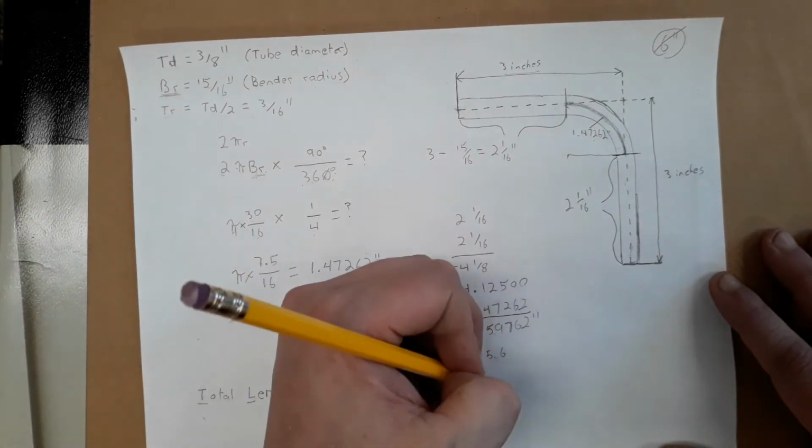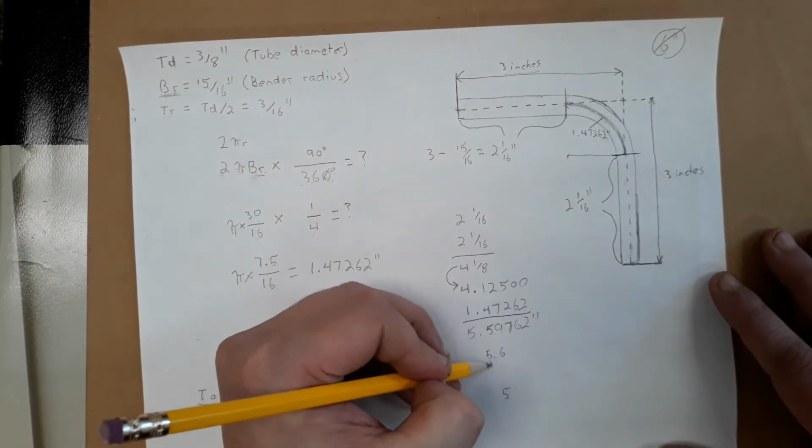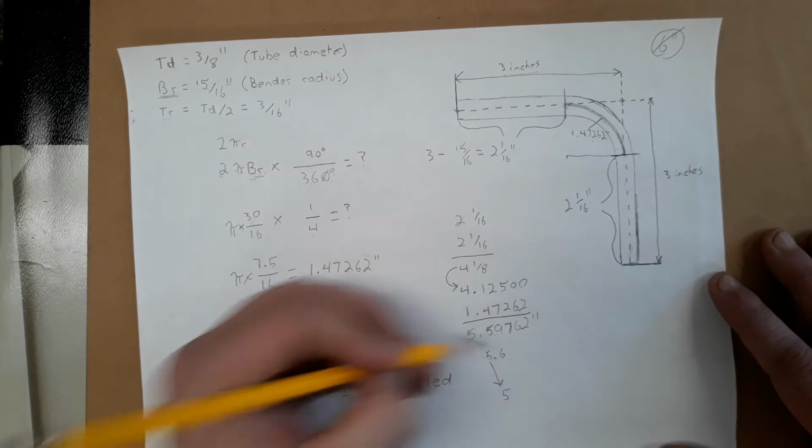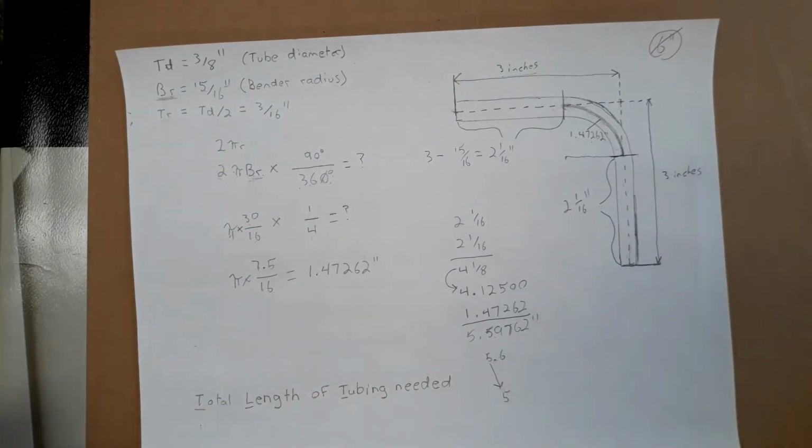So I know I have 5 whole inches, right? 5 whole inches. But I have 0.6. And how I want to break that down into measurement on a measuring tape or a ruler: your typical ruler or measuring tape breaks things down into fractions of an inch, quarter of an inch, half an inch, eighth of an inch, 16th of an inch, and even sometimes a 32nd.